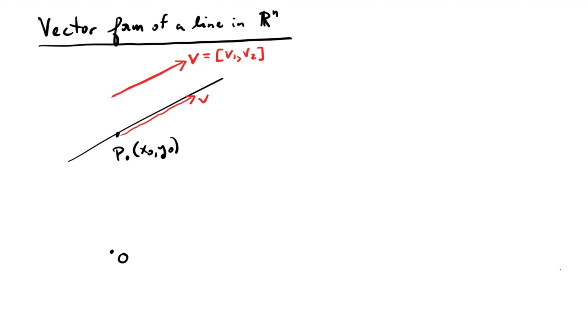So what we're trying to describe is any point P that's on that line. So P, x, y. That point P, I can associate to it a vector that starts at the origin and ends at P. It would be that vector here, right?